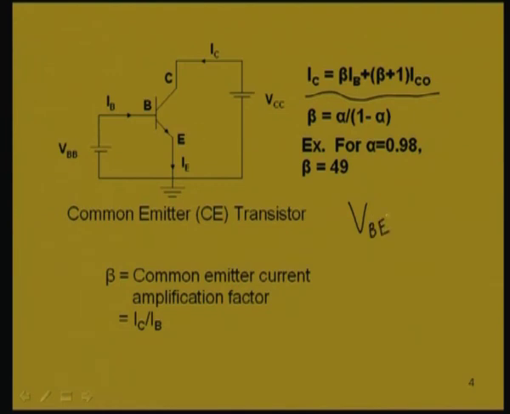Here one point to note is that VBB is the biasing voltage, which biases the transistor emitter base junction in the forward bias condition. But basically we have to determine the voltage across this emitter base junction, which is VBE, because the emitter is grounded.